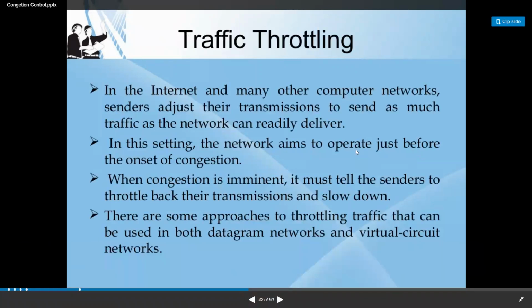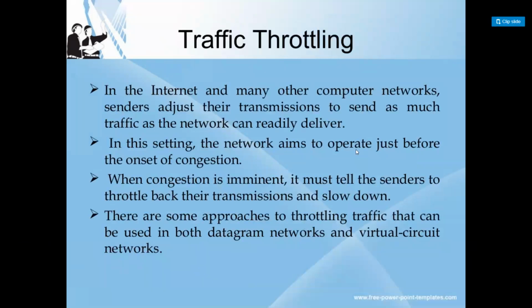Coming to traffic throttling, in the internet and many other computer networks, senders adjust their transmission to send as much traffic as the network can readily deliver. Normally the users want data to be transmitted and sent as much as possible, because as they increase the transmission, traffic also increases.